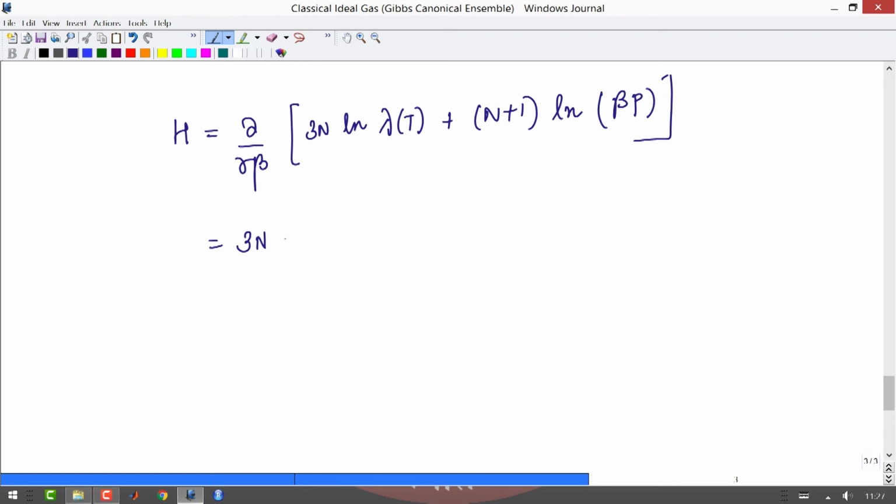So, 3N comes outside, what I get is basically 3N by lambda T into the derivative of lambda T, plus N plus 1, which is a constant, divided by beta P and into P. So, that completes the derivative.